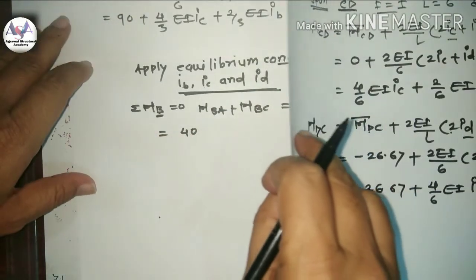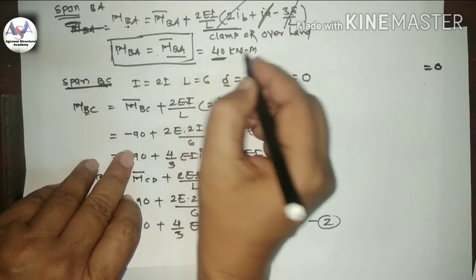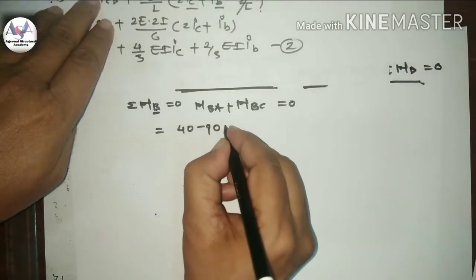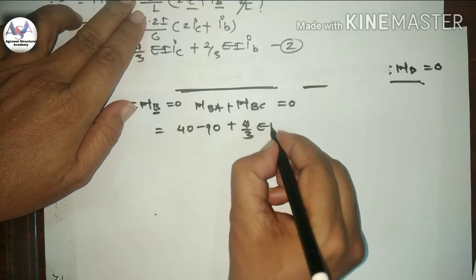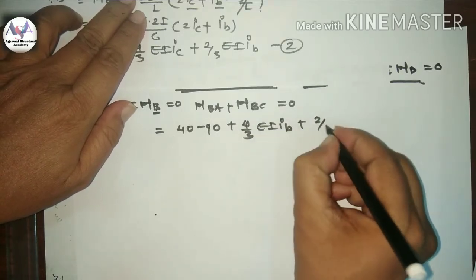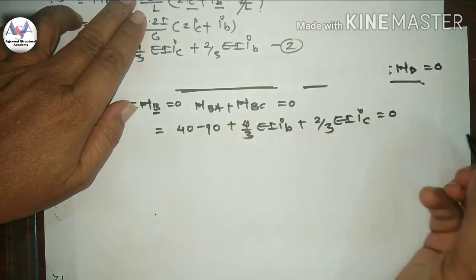Now we have taken MBA, that is 40, then MBC is minus 90 plus 4 by 3 EI IB plus 2 by 3 EI IC is equal to 0.